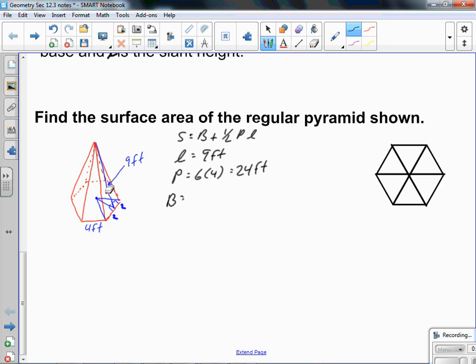So the formula for a hexagon, or really any regular polygon, a square, a hexagon, pentagon, octagon, is 1/2 of lowercase a times p.